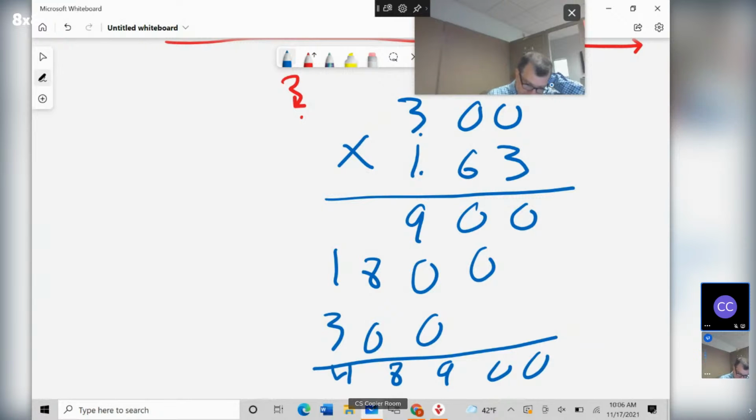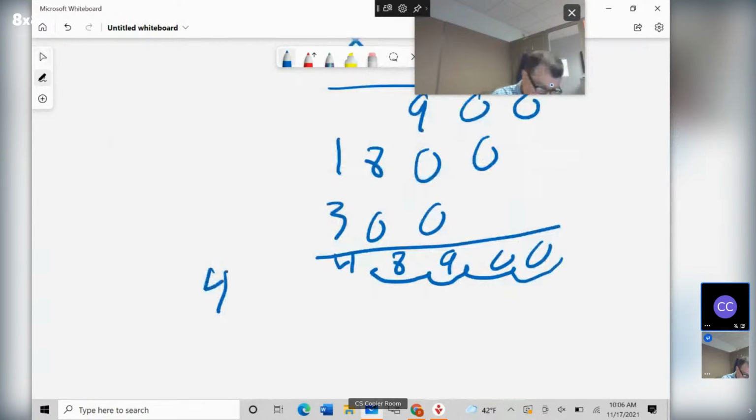And there's 4 decimals. So there'd be one decimal place, 2 decimal places, 3 decimal places, 4 decimal places. So what we'd want to do is go over 4 places. So 1, 2, 3, 4. And what he did, he spent $4.89.